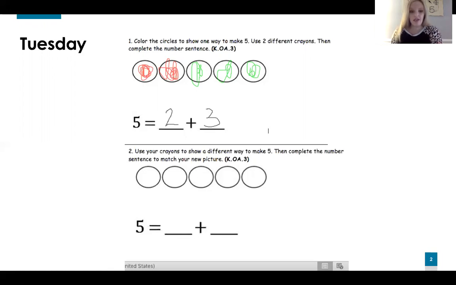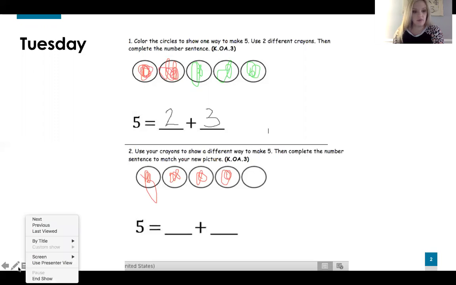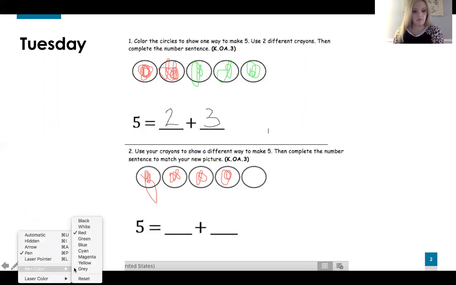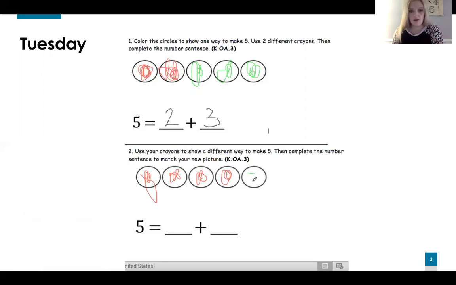Now, we've also practiced, where's my pink color? Where we can do other ways to make 5. I could go through and do 1, 2, 3, 4, and then this one green, right?